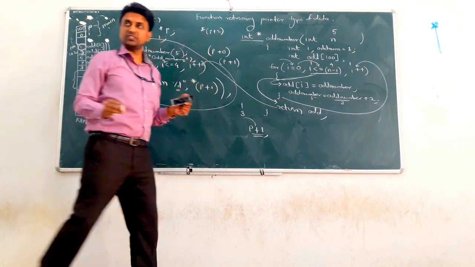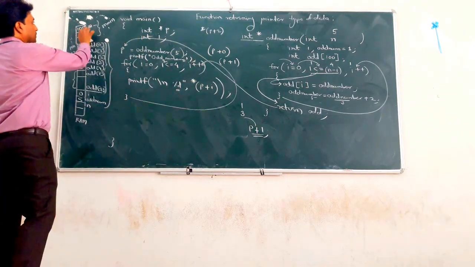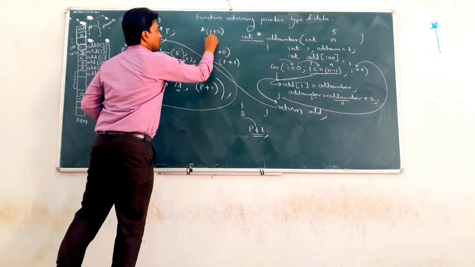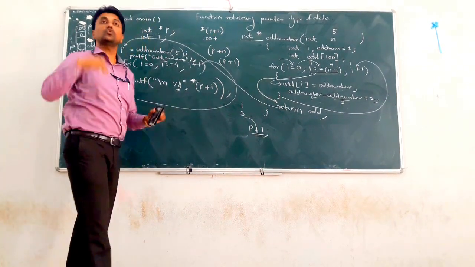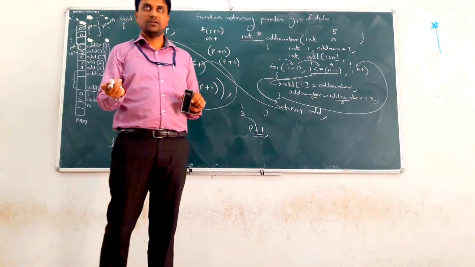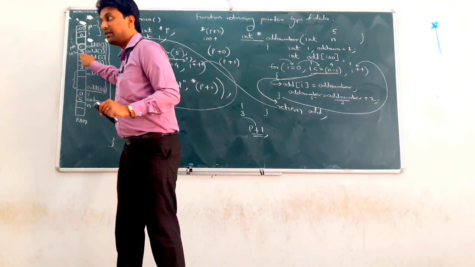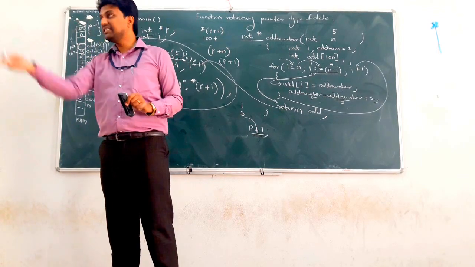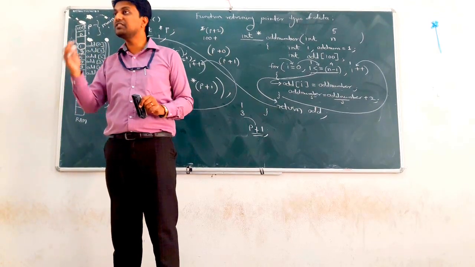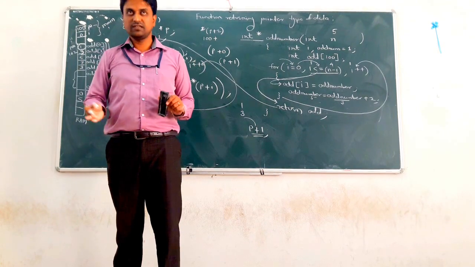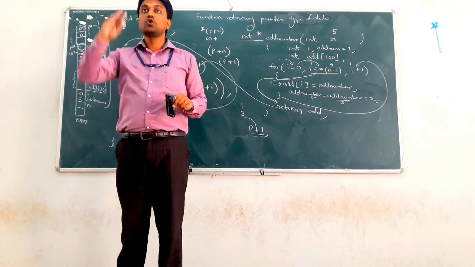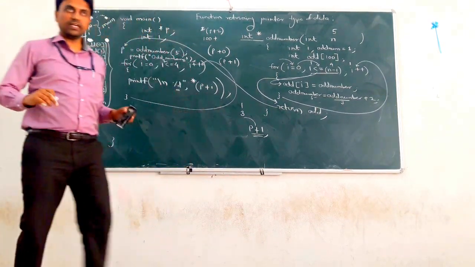Now p plus 2 means what? What is the current address of p? 100. So how does it calculate? The runtime environment adds 2 locations, not 2 bytes. If it were 2 bytes, it would be the 102 location, which is again 3. Not 2 bytes increment, but it increments 2 locations. This is a whole block. 2 blocks next.